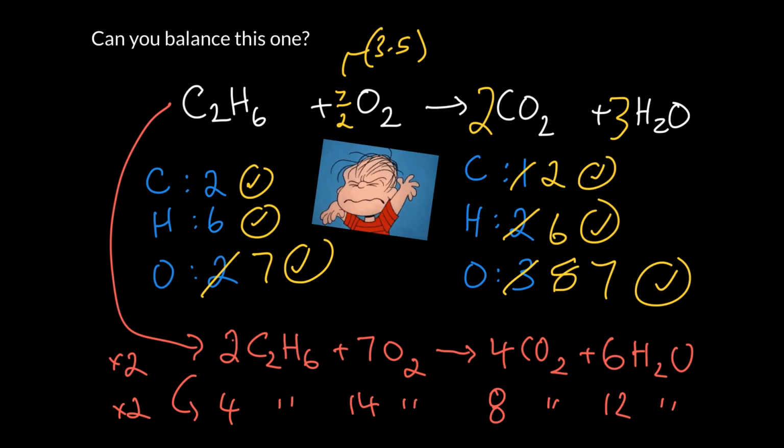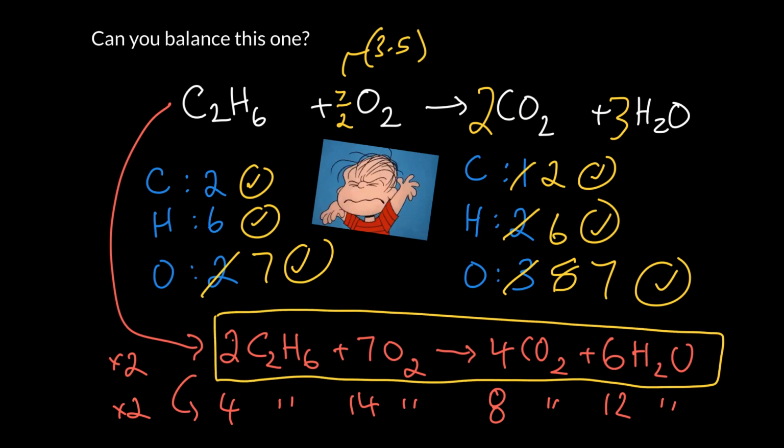So the question is, what is the balanced equation? And the answer is all 3 of them. But there's a special terminology we use for this one down here. And this one down here is the equation that's been balanced with the lowest whole number coefficient.